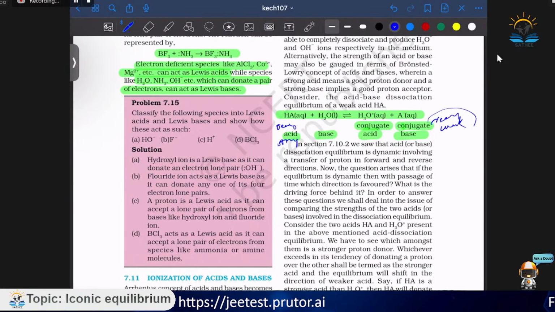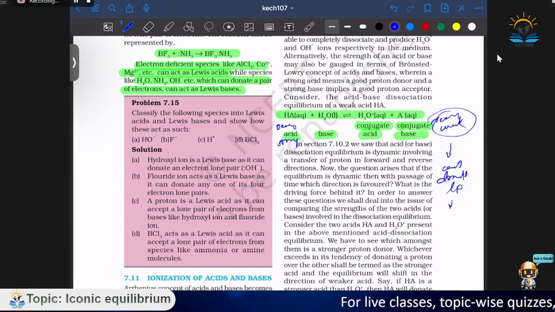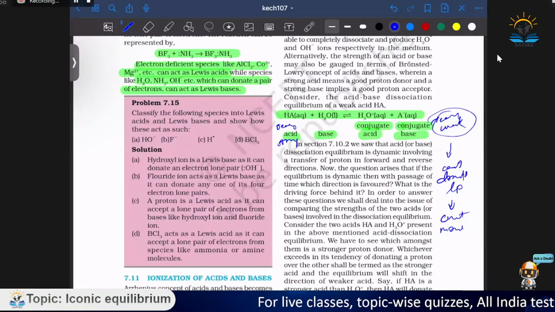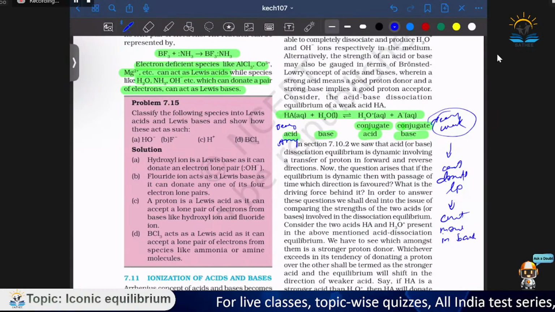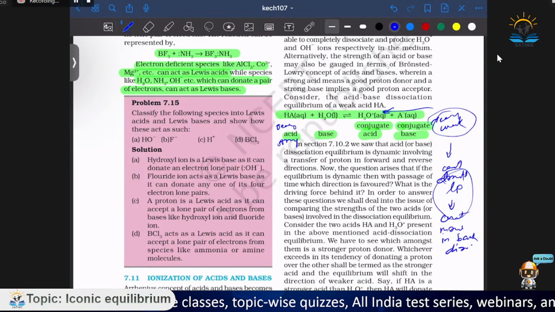And if it is weak, it can't donate a lone pair, it can't move in the backward direction. If it can't donate a lone pair, then the reaction will not move in this direction because the base is that weak.